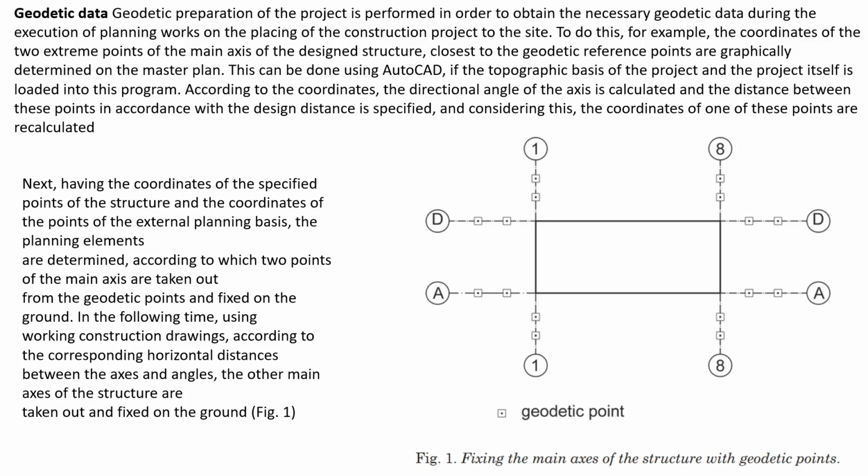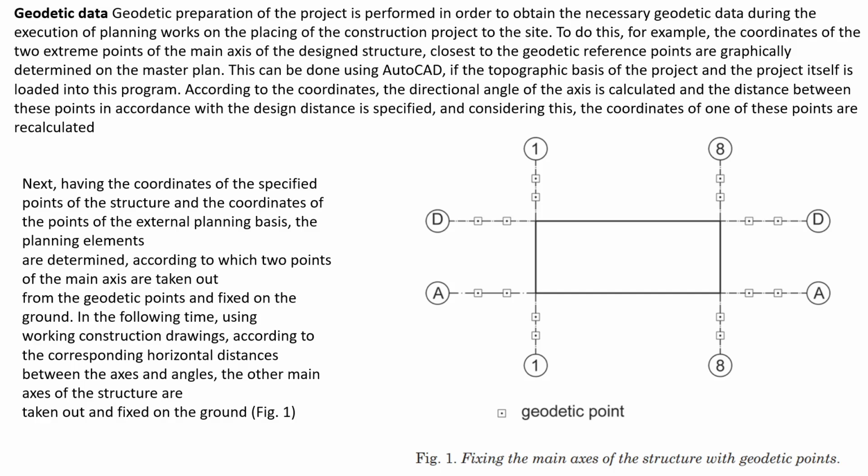Well, geodetic preparation of every project is performed in order to obtain the necessary geodetic data during the execution of planning works on the placing of the construction project on the site. To do this, for example, the coordinates of the two extreme points of the main axis of the design structure closest to the geodetic reference points are graphically determined on the master plan.